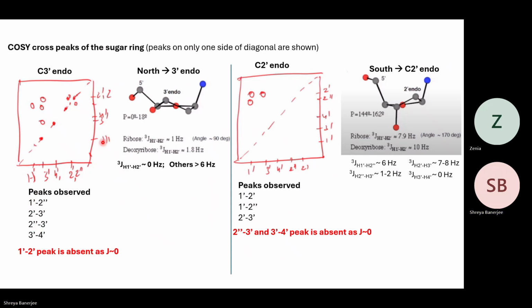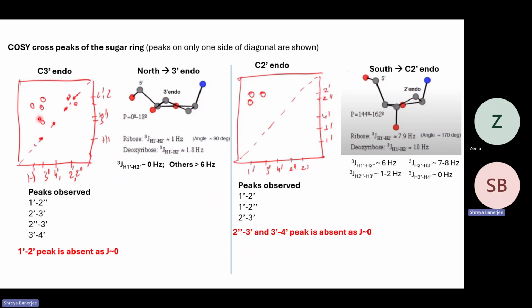So 1' with 2 double prime. 2', 2 double prime appear around the same region, so you will see only one peak here. 1' to 2 double prime is the peak you will see. Since 1', 2' is 0 Hz, that will not be observed. Then you have 3' to 4', that is this peak.